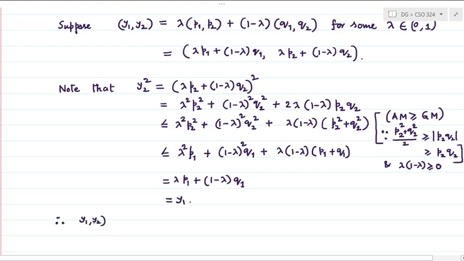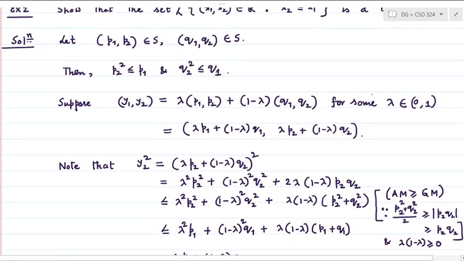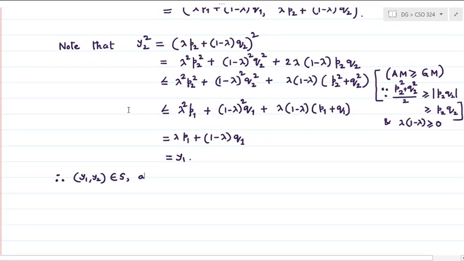And therefore y1 y2 belongs to S, and hence by arbitrariness of the choice of lambda. Notice that we have chosen a particular lambda to find the expression of y1 y2, and this lambda was chosen arbitrarily between 0 and 1. So for any lambda you choose between 0 and 1, you find this y1 y2 accordingly, and you observe that y2 square is less than y1.